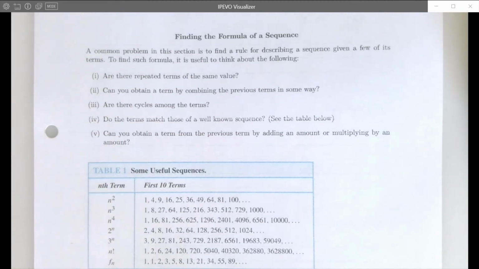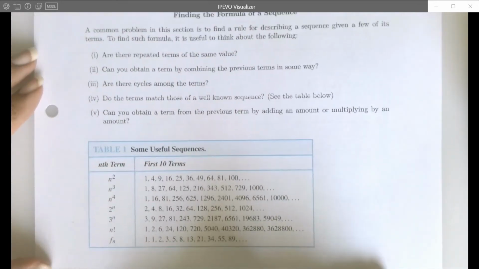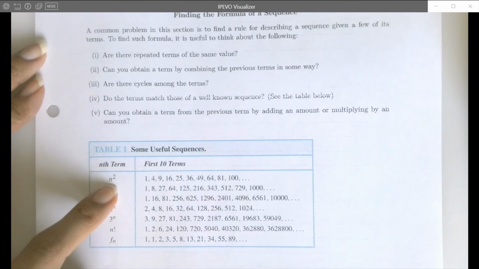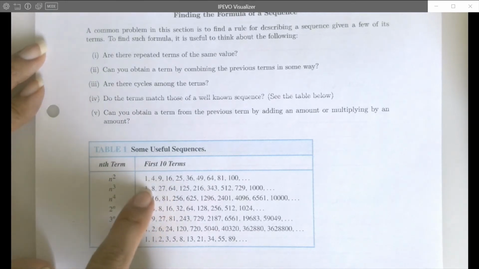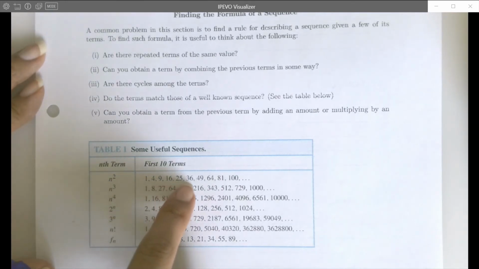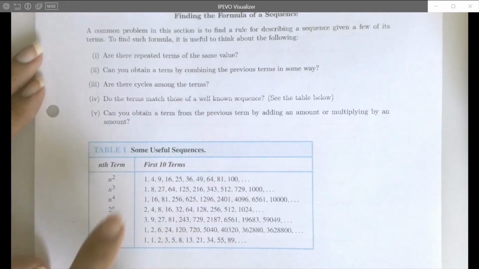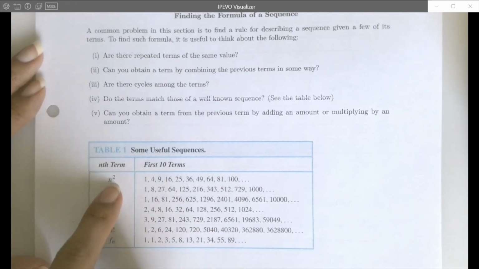Do the terms match those of a well-known sequence? And so for that, here are some of the well-known sequences. Like if you have n squared, then you'll have 1, 4, 9, 16, and so on and so forth. If you get numbers that are very close to these, it's possible that maybe you have n squared plus a constant, or maybe a coefficient times n squared.